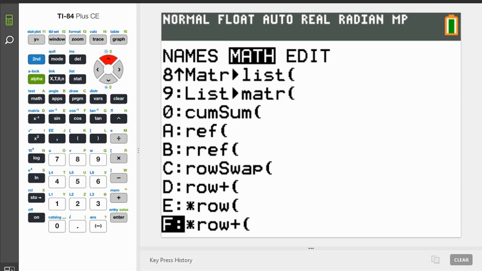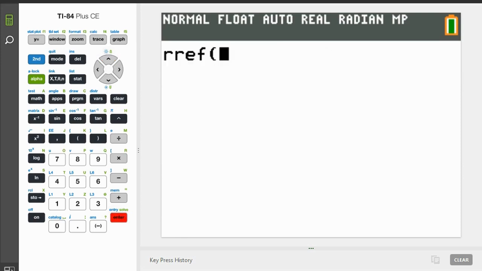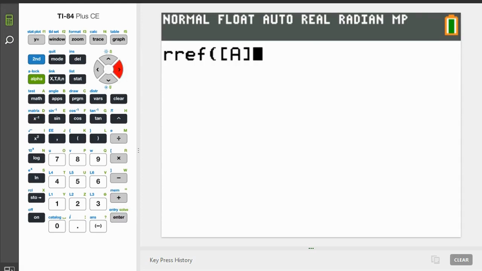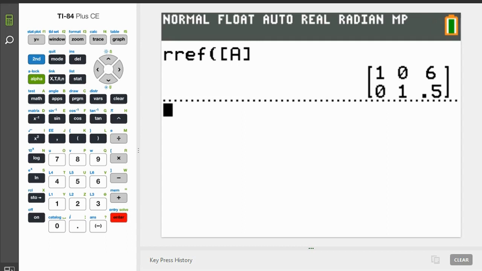On many of the TI-84s, it is option B. So you would hit RREF, then you hit second x to the -1 to get back to matrix, and we want the augmented matrix A. If we hit enter, it will give us the answer.